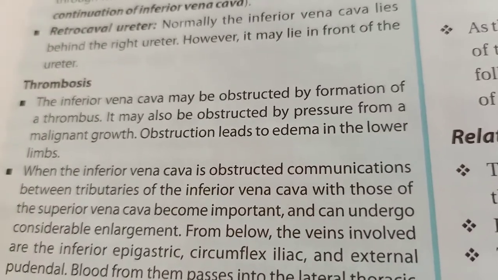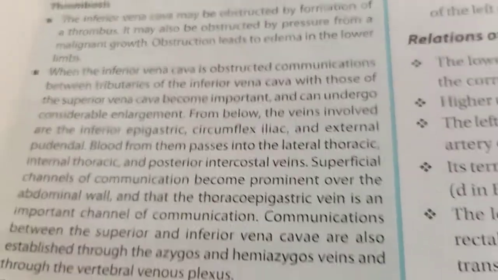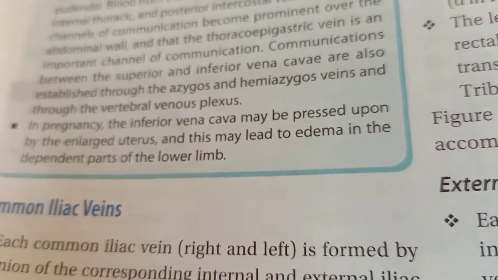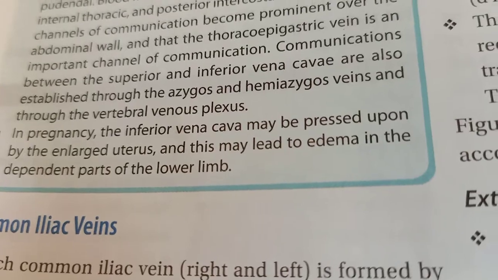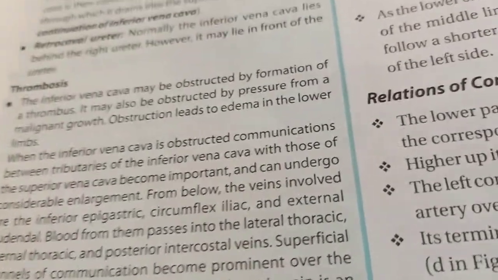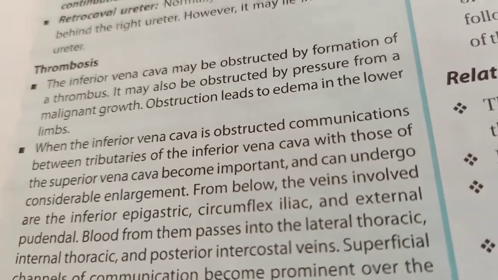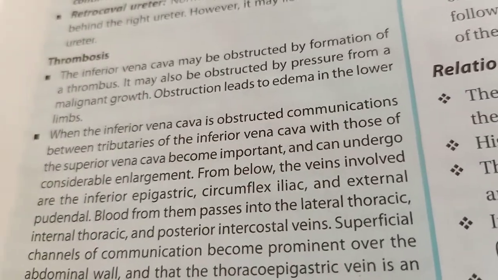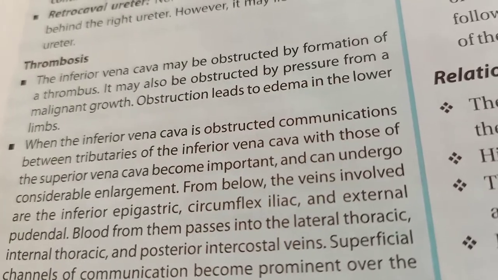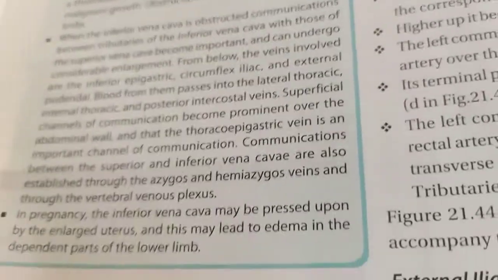Also, in pregnancy, the IVC may be pressed because of the enlarged uterus. So all these things, whether obstruction by a thrombus or a malignant growth outside the IVC, lead to pressure on the IVC.